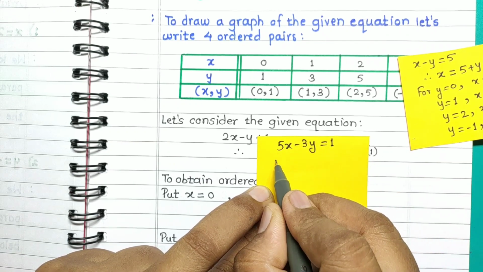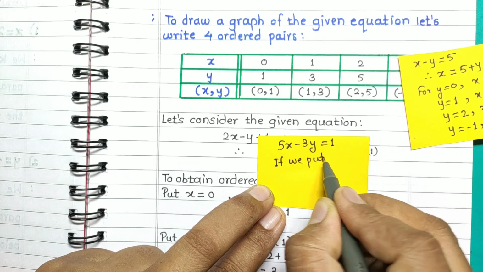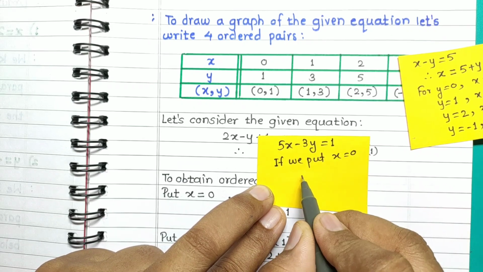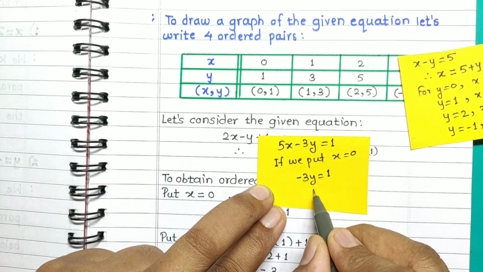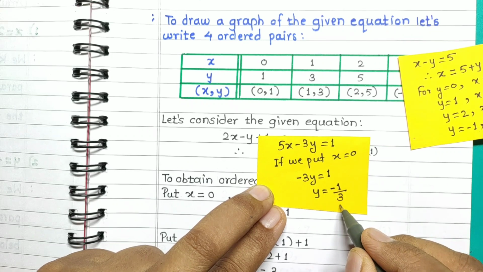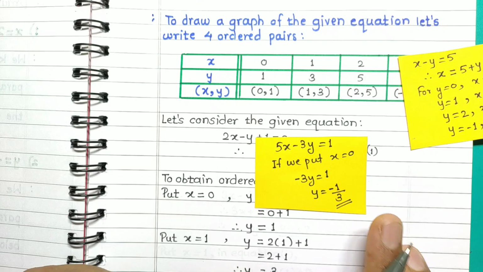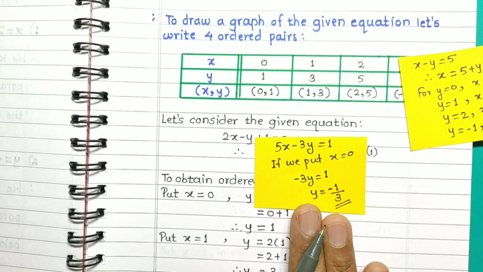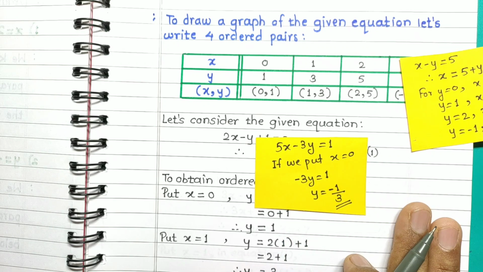So here if we put x is equal to 0, then we have 3y is equal to 1 and y is equal to minus 1 by 3. So this fractional value is inconvenient to plot. So avoid such ordered pairs while finding ordered pairs for the graph of a linear equation.